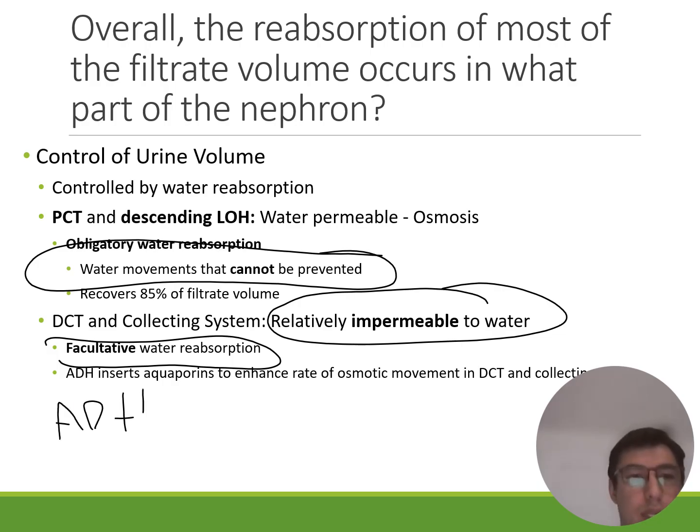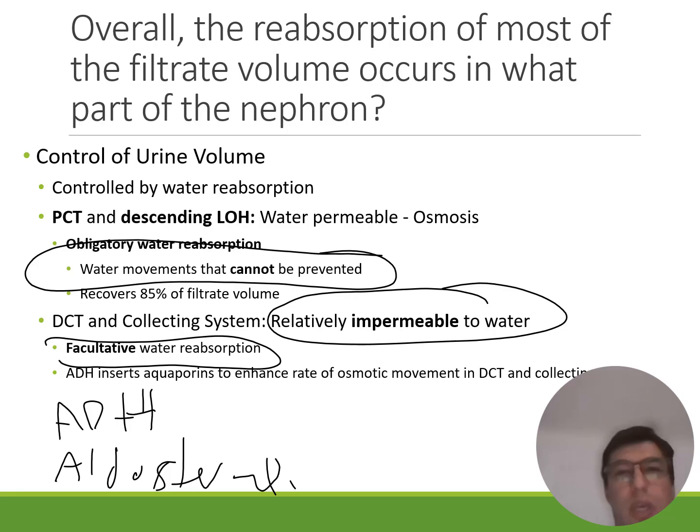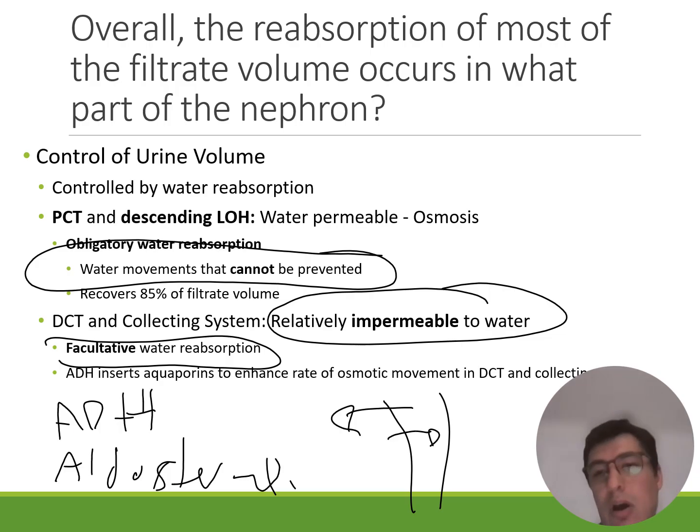Antidiuretic hormone inserts aquaporins within that distal convoluted tubule, and these aquaporins allow the free flow of water. This is complementary to aldosterone because with aldosterone we are increasing sodium reabsorption and potassium excretion. Remember that when it is leaving that tubule to go into the urine, we call that excretion. And when it is getting out of that tubule, we're calling that reabsorption.